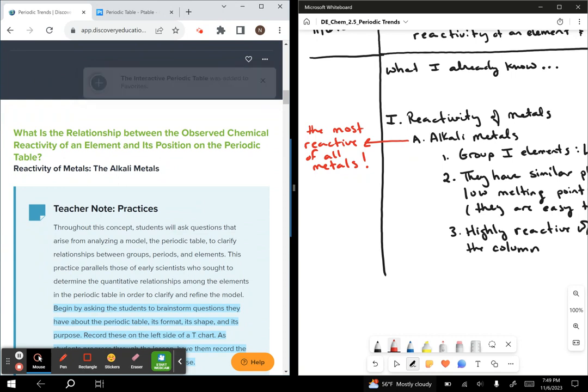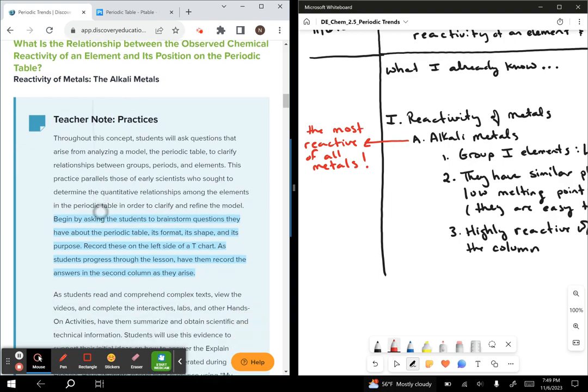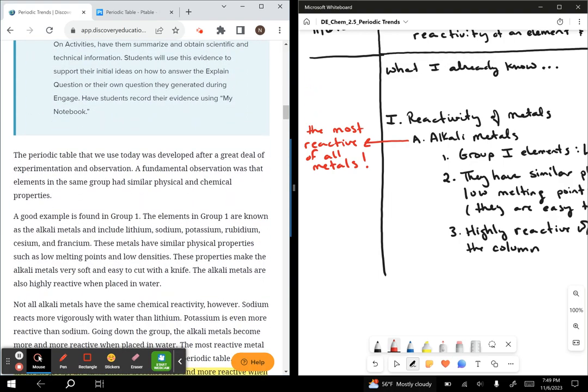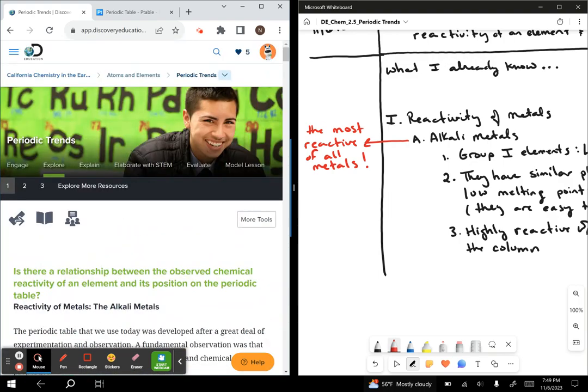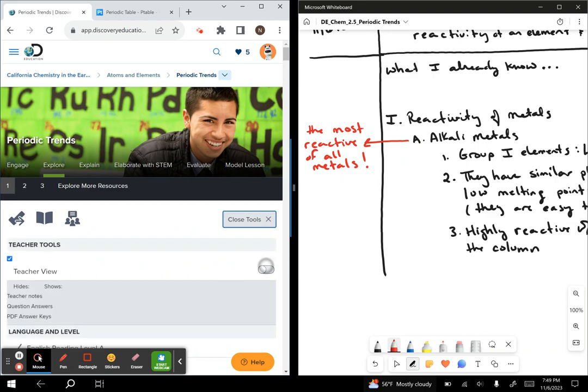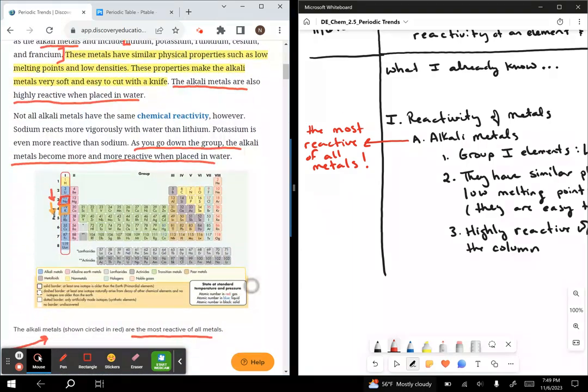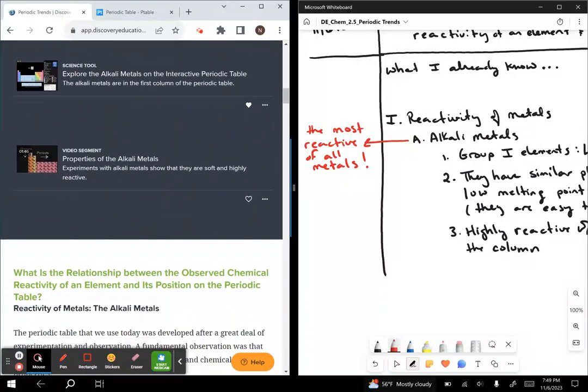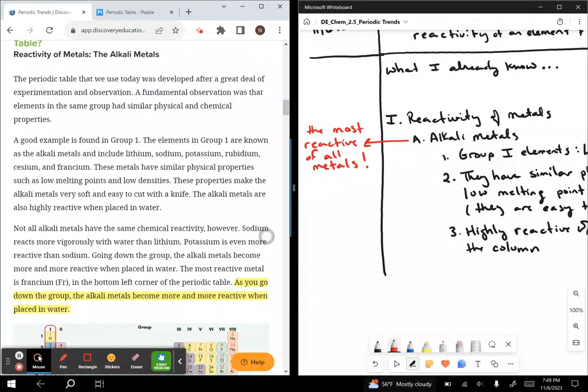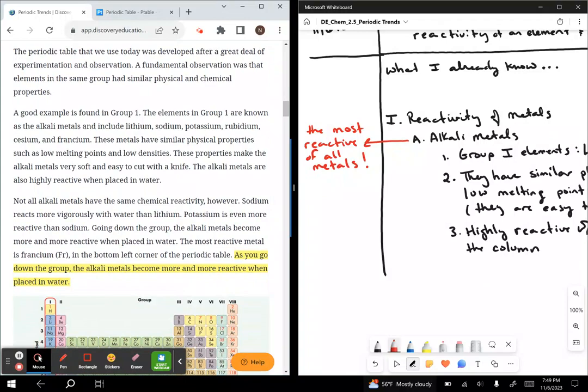Now here's one of those weird things where Discovery Education has a repeat of text. I think we're going to have to skip those first few paragraphs. As you go down the group, the alkali metals become more and more reactive.